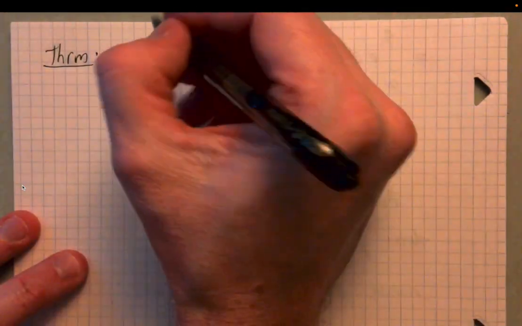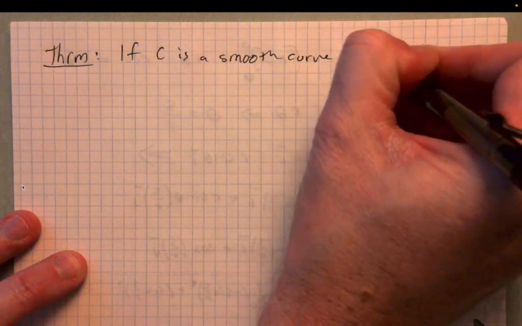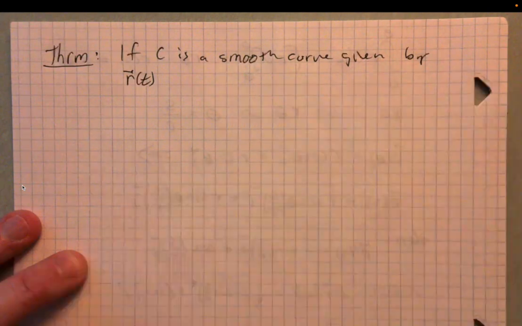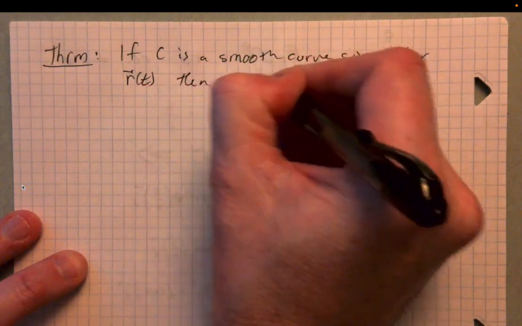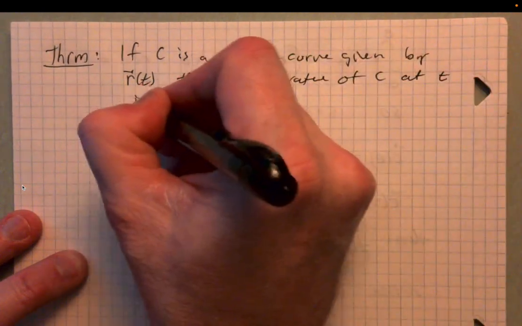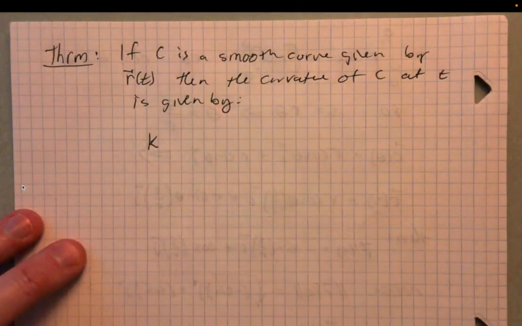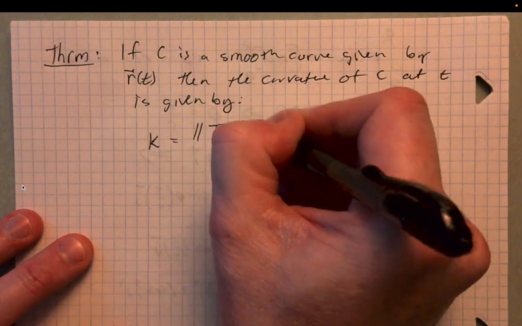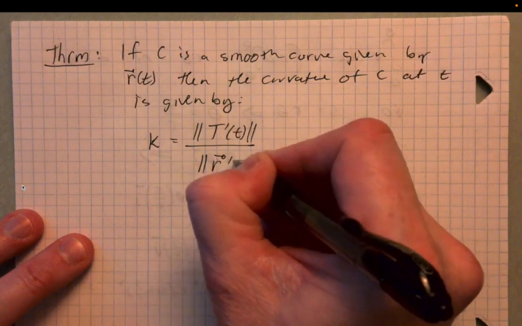If C is a smooth curve given by r of t, where t is just some arbitrary parameter, then the curvature of C at t is given by the norm of the derivative of T, the unit tangent vector, divided by the norm of r prime, the derivative of r.